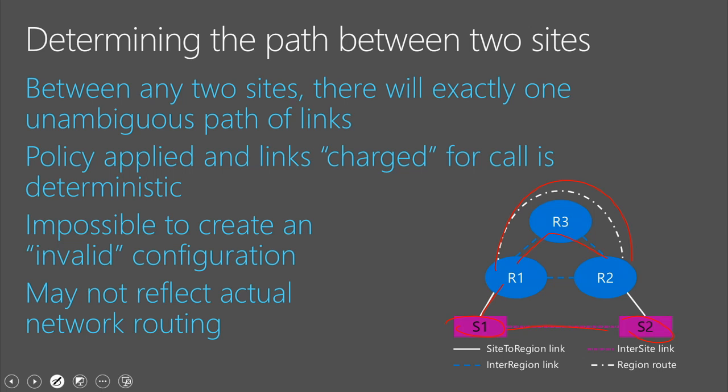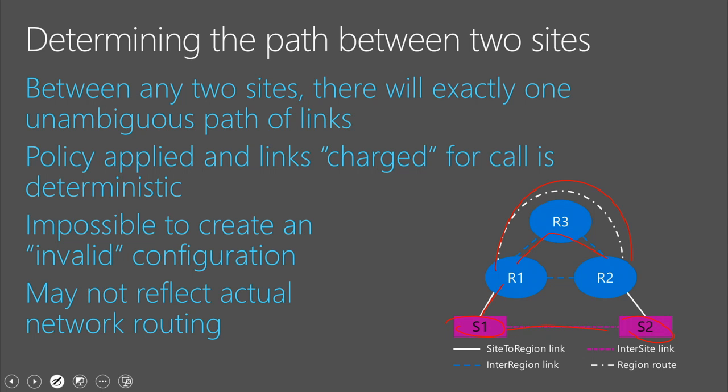It looks like when you define this that it could be ambiguous which path a call would follow. Now, to be clear, when I say a path a call would follow, Skype for Business does nothing to control the routing on your network. This is all about what links we will assume that this call is traversing, just so that we can account for that bandwidth. Skype for Business won't let you create an invalid configuration.